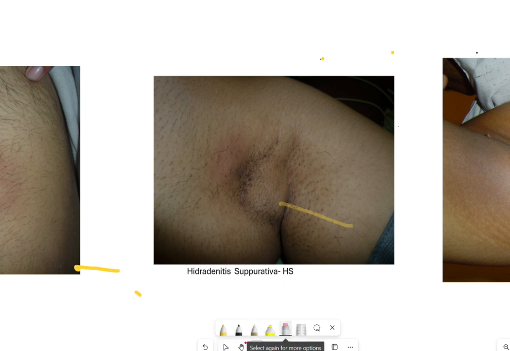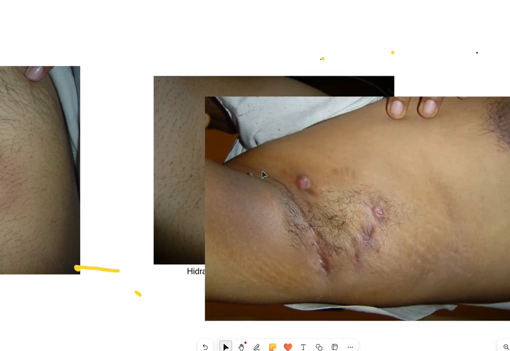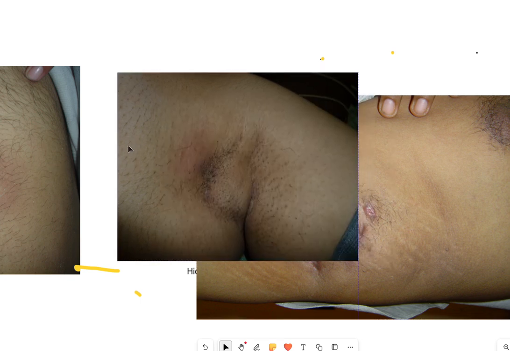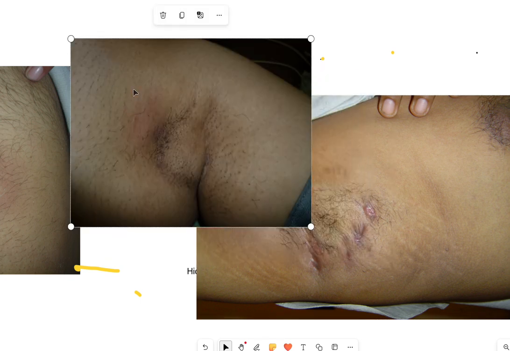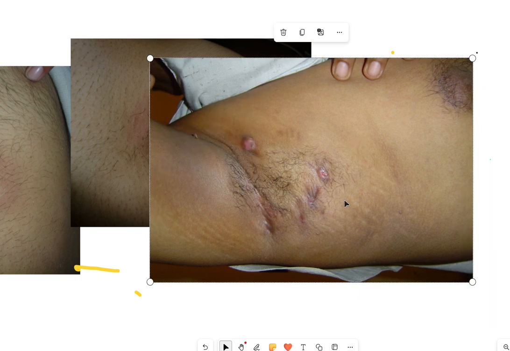as the infection progresses, then this thing appears. See, this is again axilla, and as the infection has progressed, you see multiple abscesses. There have been previous abscesses too, which have caused scarring.